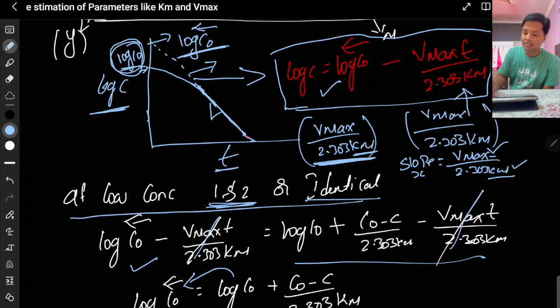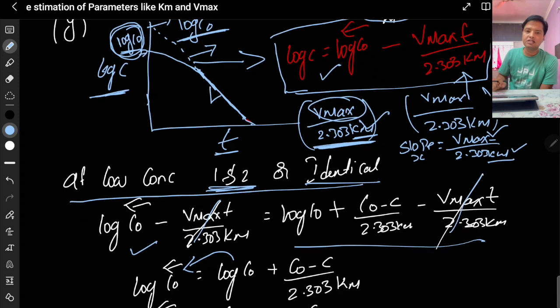We know Km and we know 2.303. Multiply 2.303 and Km with the slope value you got, and that will give you the Vmax value. This is how you find Km and Vmax from this method.